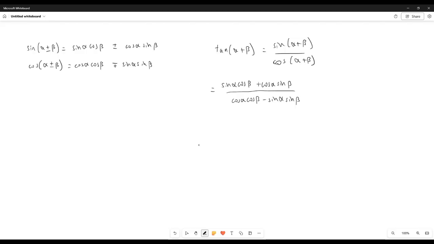Now, to convert the terms into tangent, divide both the numerator and the denominator by cos alpha cos beta. We can also simplify these expressions by canceling out like terms.